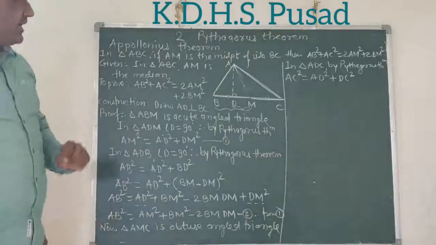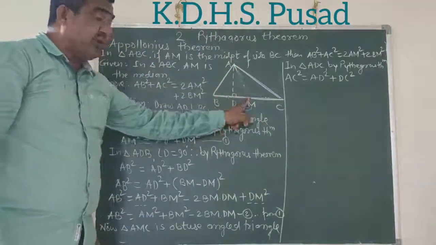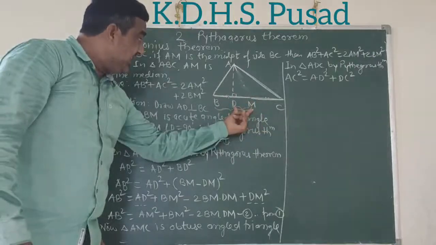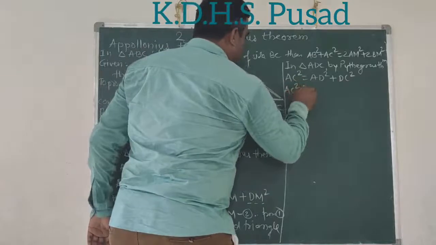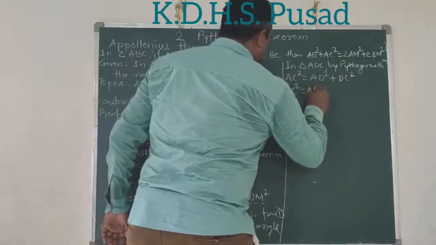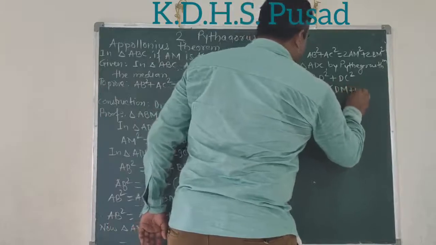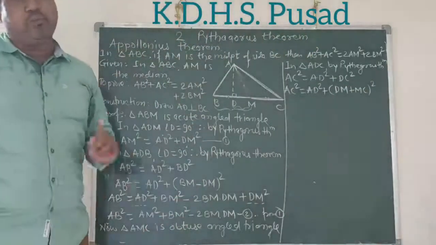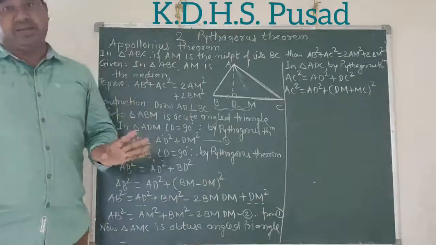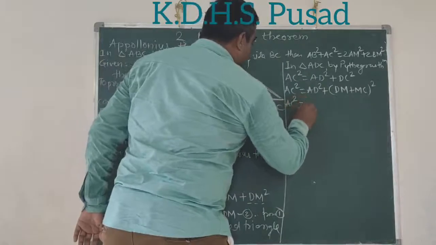Now check this DC. Anyhow, we have to use the midpoint, so DC you can write as BM plus MC. So AC square is equal to AD square plus bracket BM plus MC square. Whenever you have a bracket square, you have to use the identity (A plus B) square.